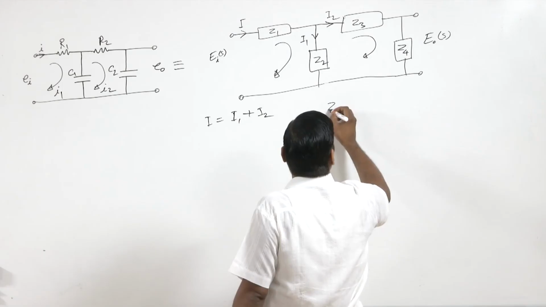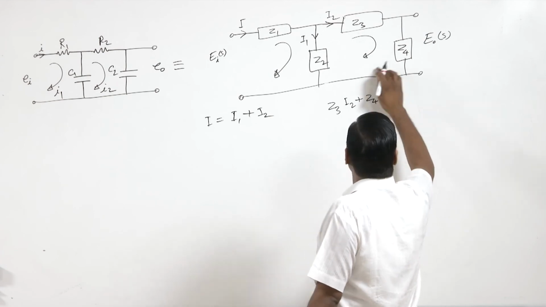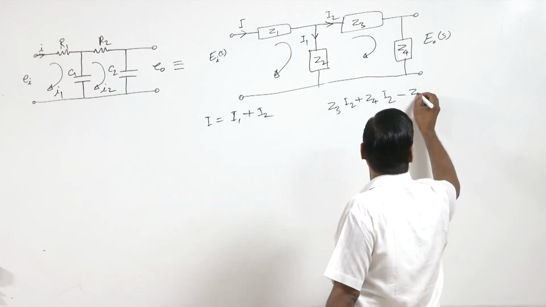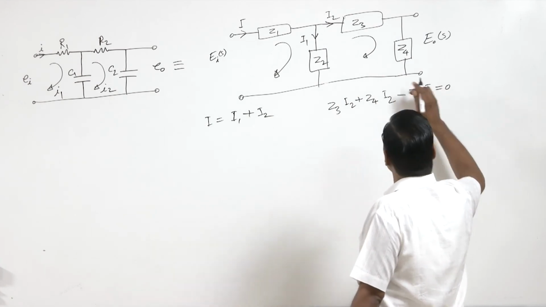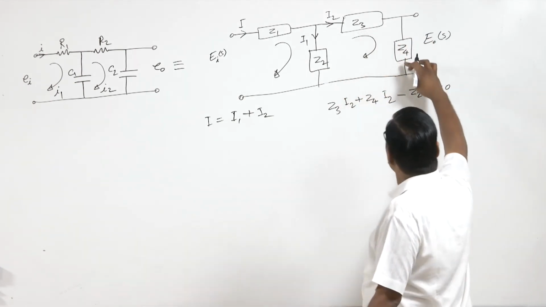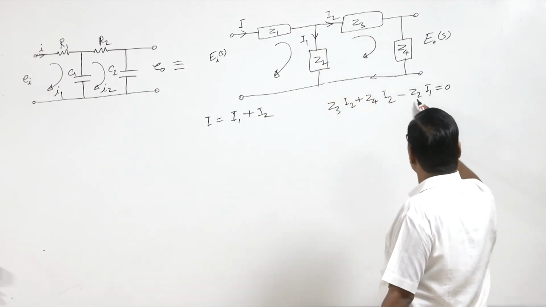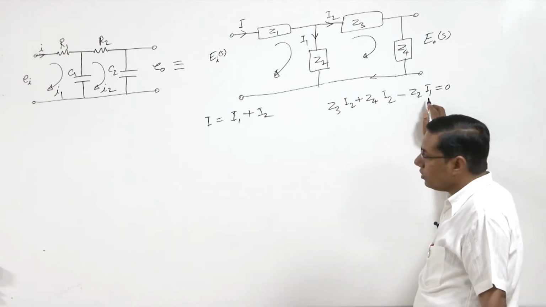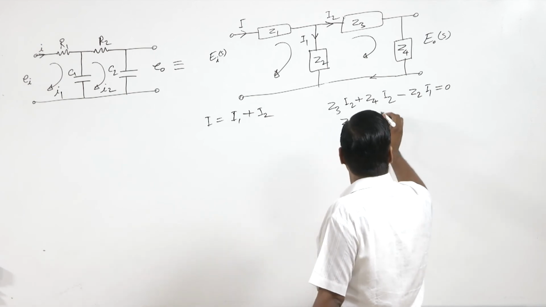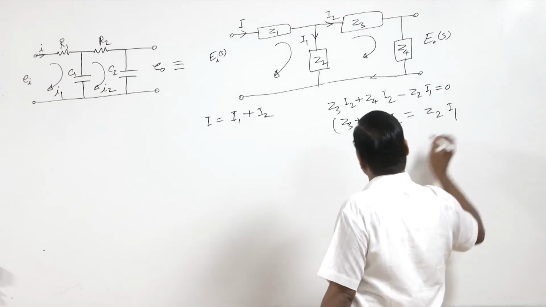So Z3 I2 plus Z4 I2, and here minus Z2 I1 equal to 0, because here we are going in the direction of current and here we are going opposite to the direction of current. So here minus Z2 I1. So (Z3 plus Z4) I2 equal to Z2 I1.